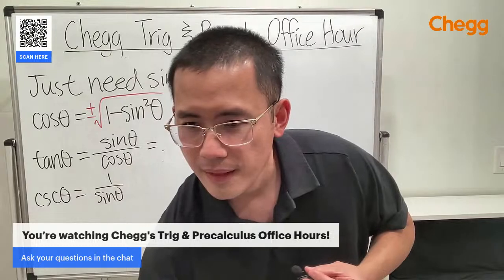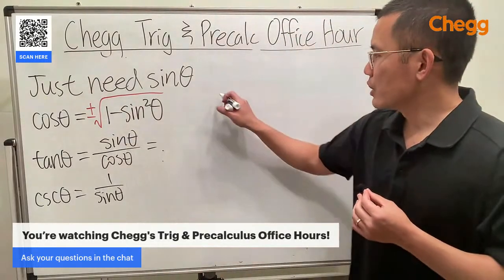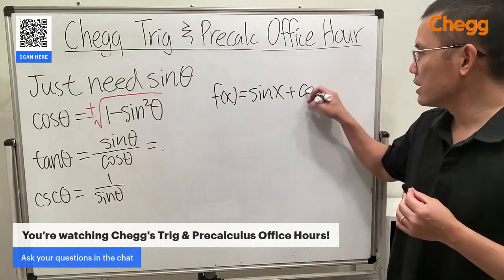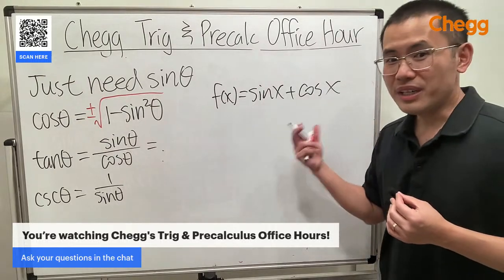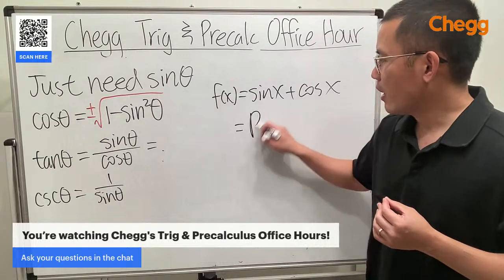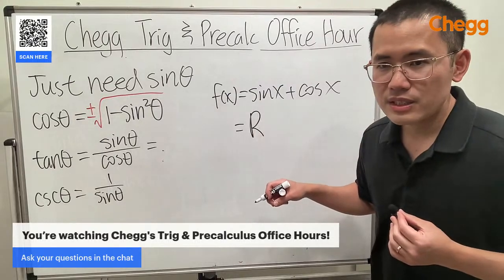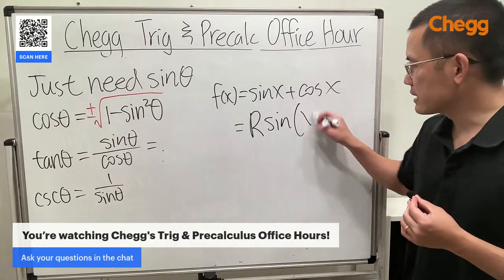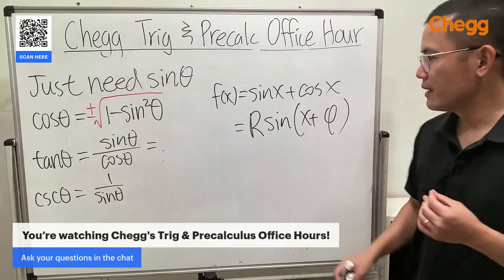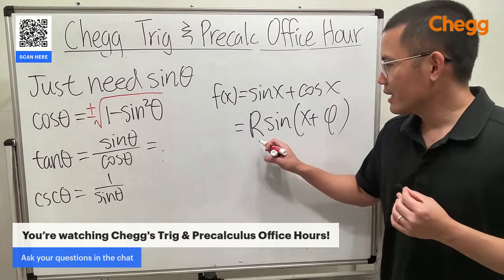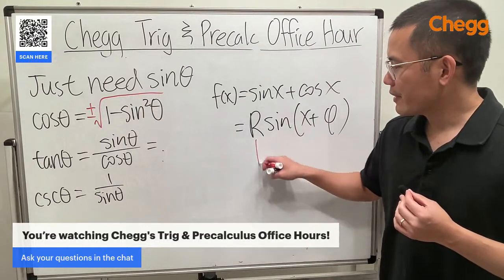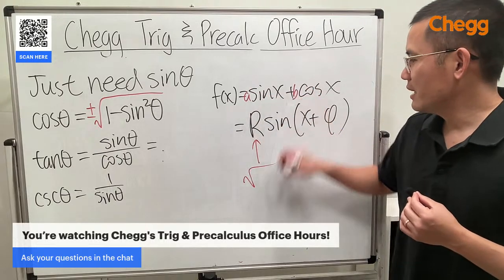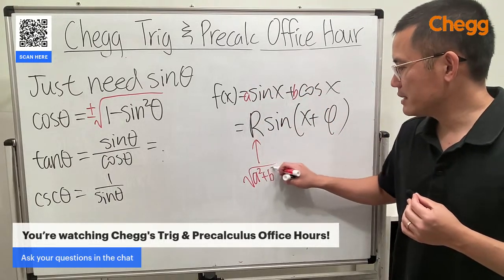All right, so f of x equals sine x plus cosine x. You can combine them into r, and then you want just sine of x plus the angle phi. The r right here, for this one, it's a square root of, let's say if you have a and b here, it's a squared plus b squared.